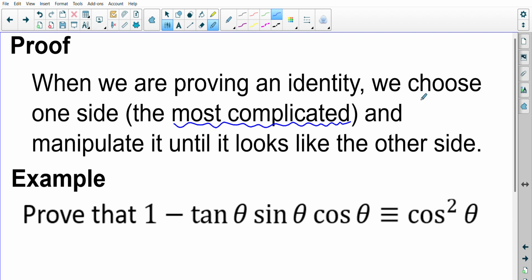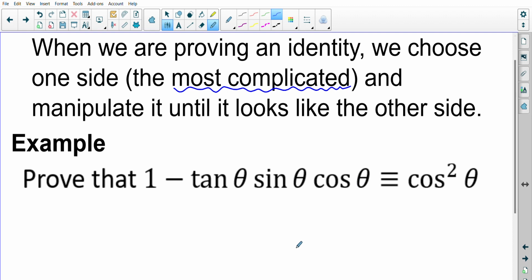Okay, so we choose one side and then we manipulate it until it looks like the other side. So it says prove that 1 minus tan theta sine theta cos theta is identical to cos squared theta. So using what it's just mentioned here, I want to start with the left-hand side because that is something more complicated than the right-hand side.